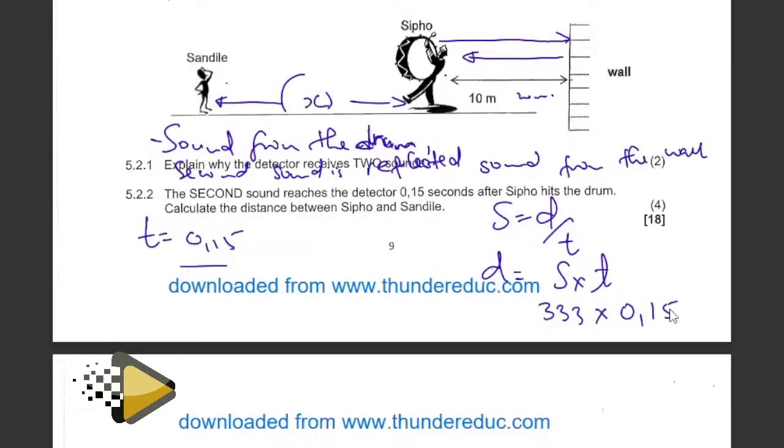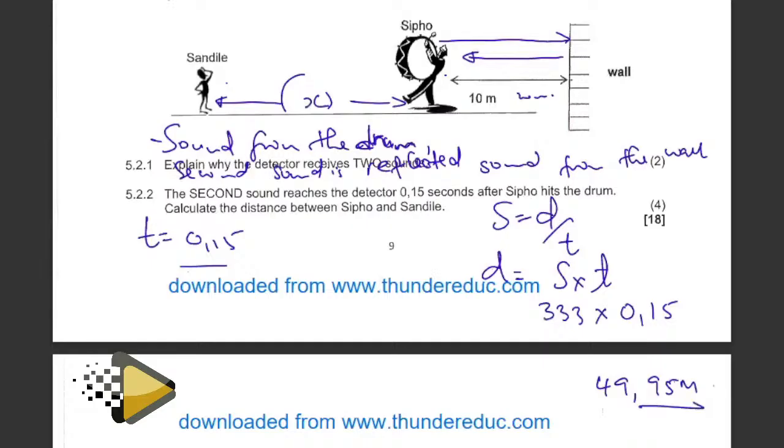So when I put this into my calculator, 343 times 0.15, what does it give us? We are getting just a small number, not so big. That is 49.95 meters.